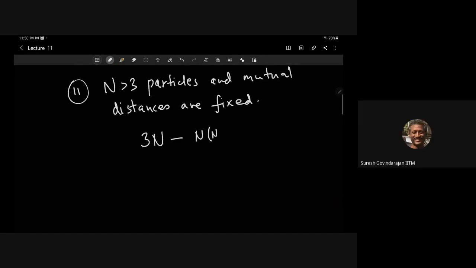NC2 is n into (n minus 1) by 2. So you can plug in values. Let's put 4 first. So 12, n value is 4, 12 minus 4 into 3 by 2, which is 6.